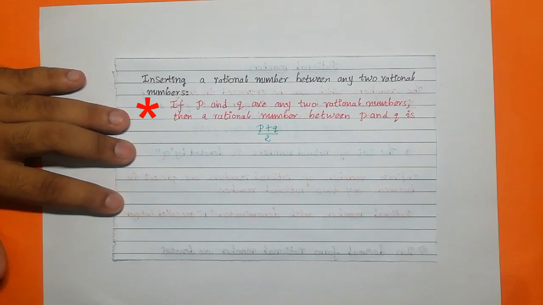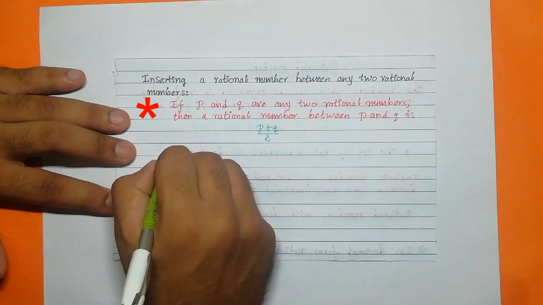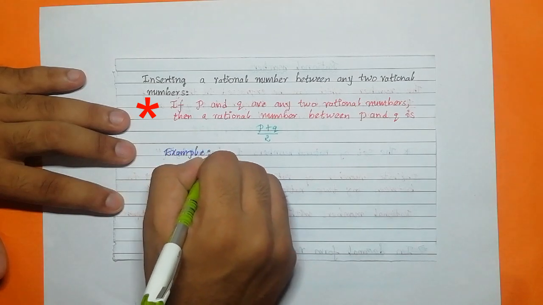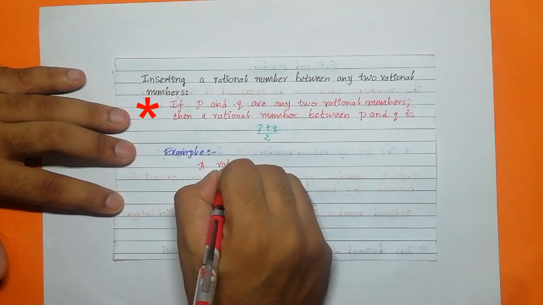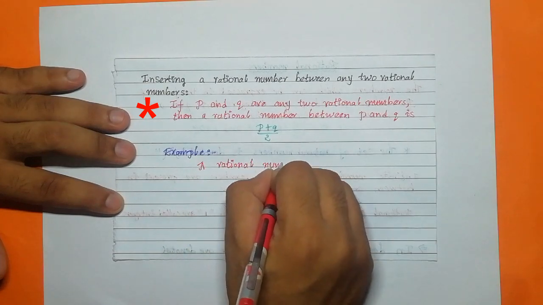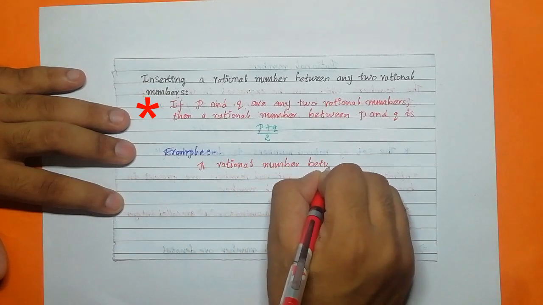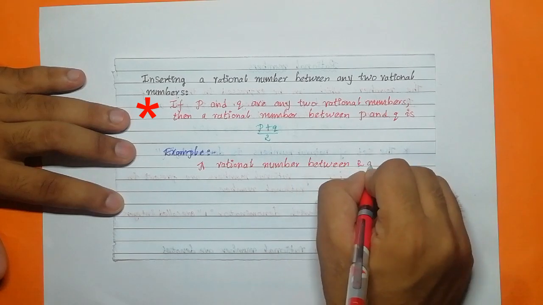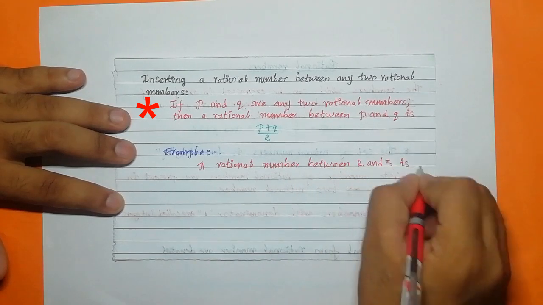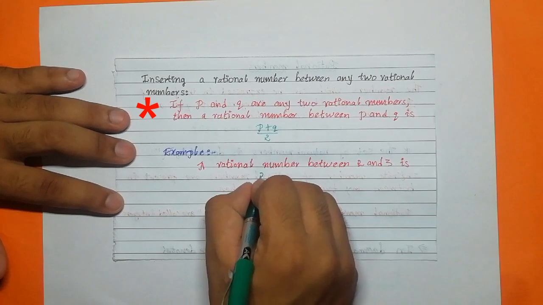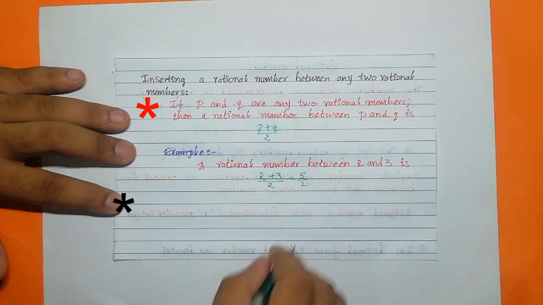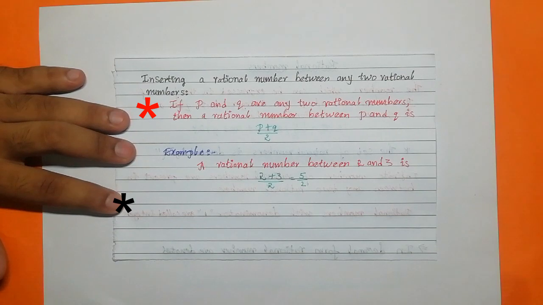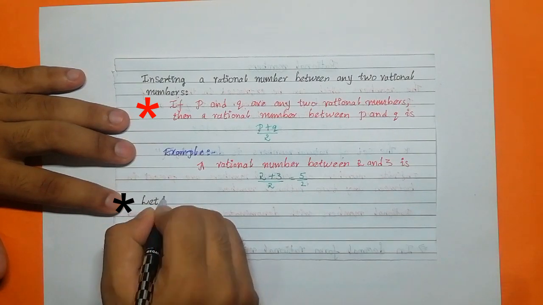Now let us see an example. A rational number between 2 and 3 is, here 2 plus 3 by 2 is 5 by 2. Therefore the rational number is 5 by 2 between 2 and 3.